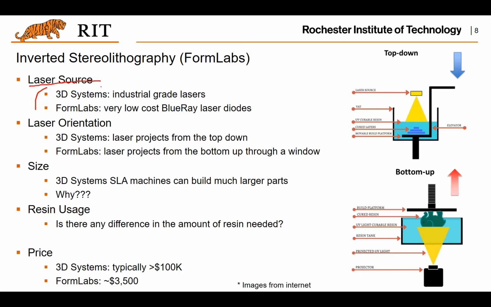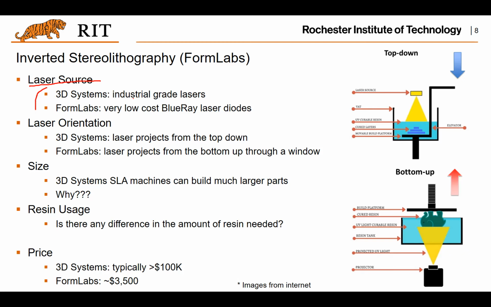First of all is the laser sources. The 3D Systems one is an industrial grade laser. It could build a large part, but for the Formlabs one, the cost is much lower. It's a Blu-ray laser diode.